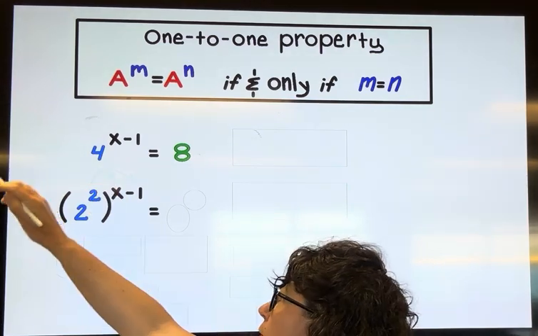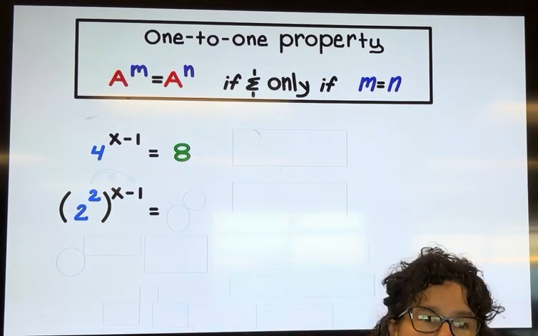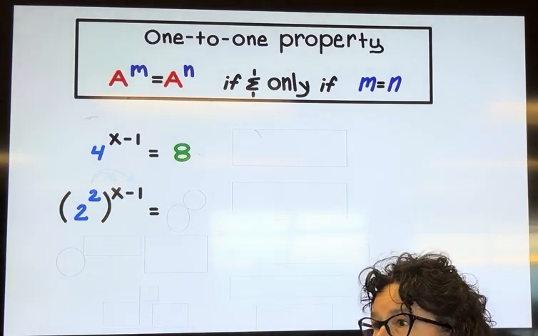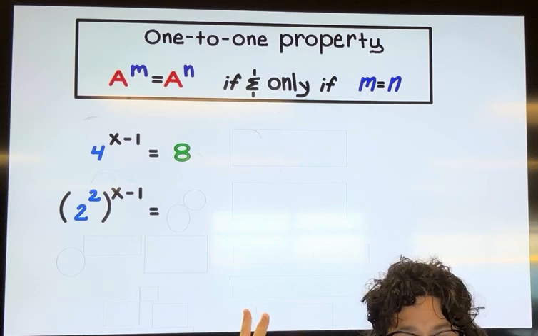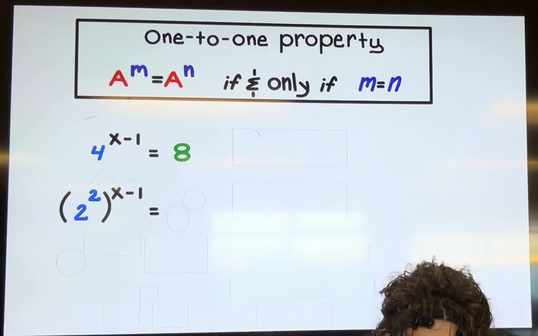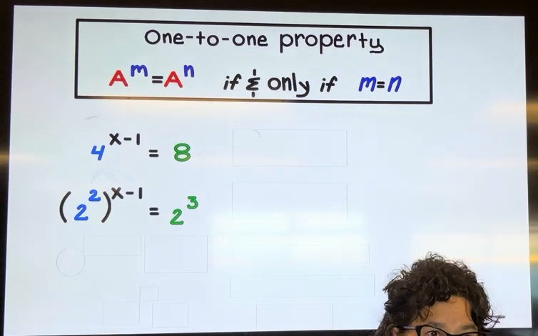So I just picked the 4 out and stuck in 2 squared, leaving the x minus 1. Then I want to think of how can I rewrite 8 so that it also has a base of 2. And 2 times 2 is 4, and 4 times 2 is 8. So this one could be rewritten as 2 to the third power.